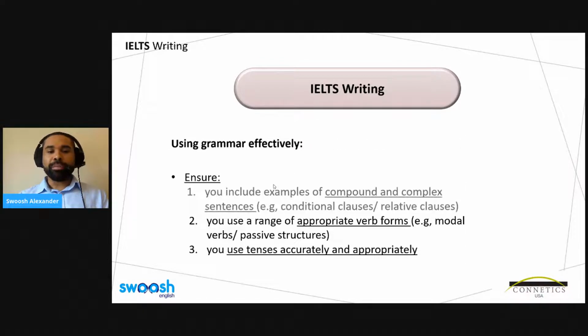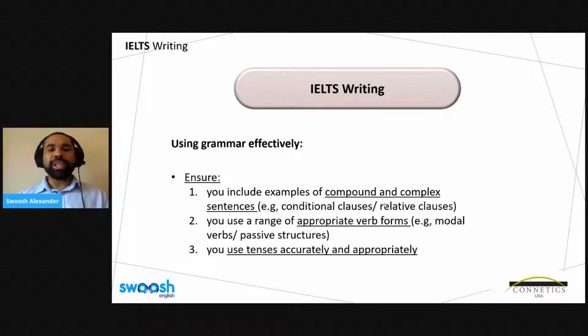But let's have a look at some examples. So using grammar effectively means you have to include examples of compound and complex sentences. So not just simple sentences. So examples of this are using conditional clauses, if clauses, for example, or relative clauses where we use who, which, where.